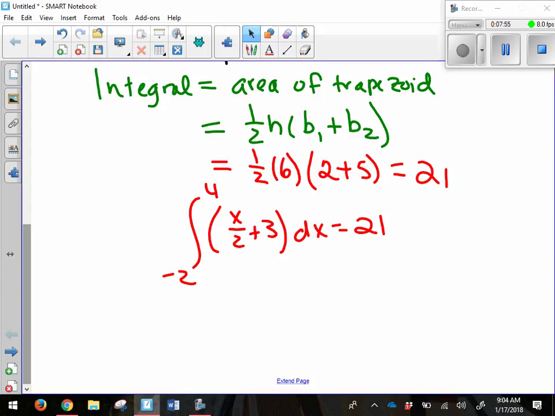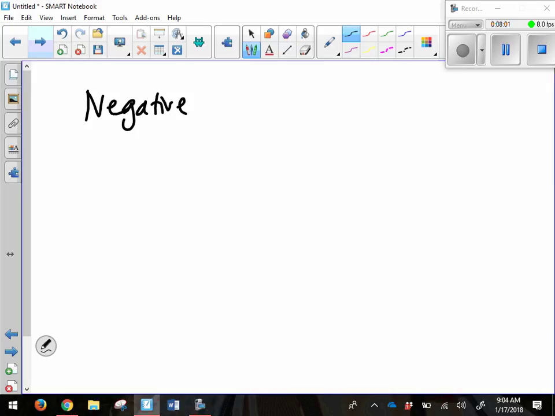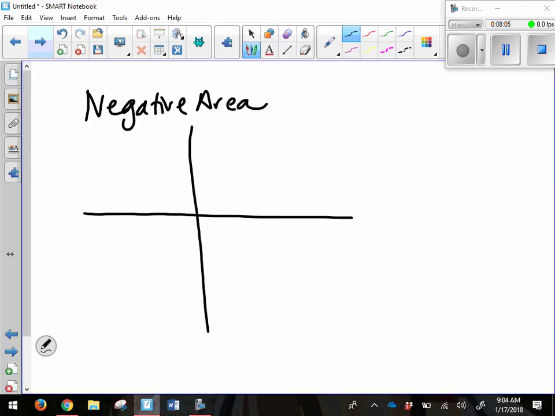Okay? So let's talk about negative area. And all negative area means is that it's area below the x-axis.